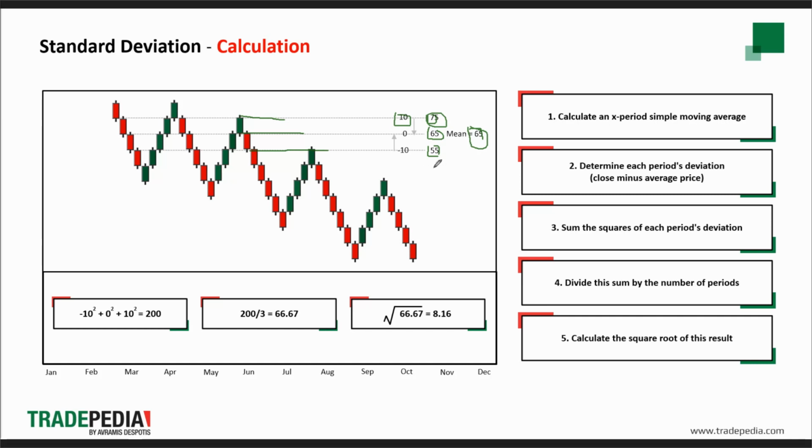Next, we need to minus 65, this 65 closing price, minusing off the mean 65, which will give us 0. And lastly, we would take this 55, okay, minus this mean of 65, which would give us negative 10.